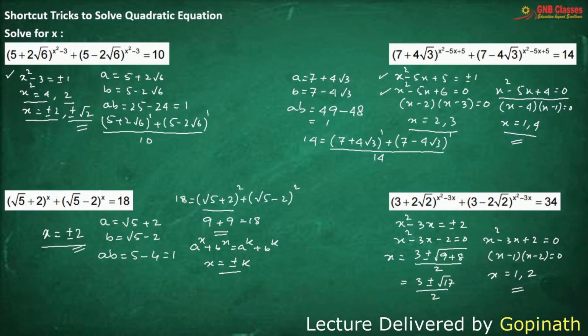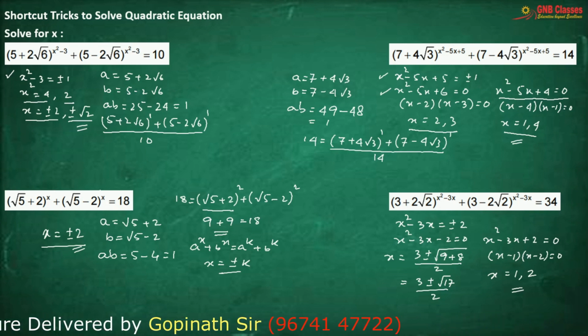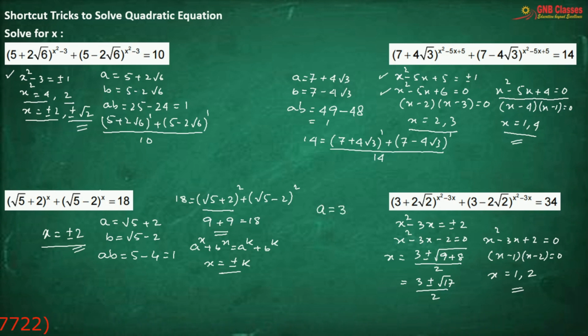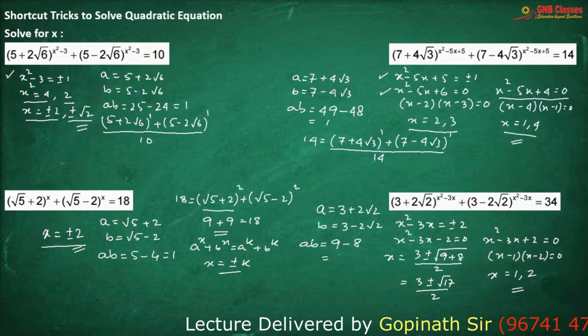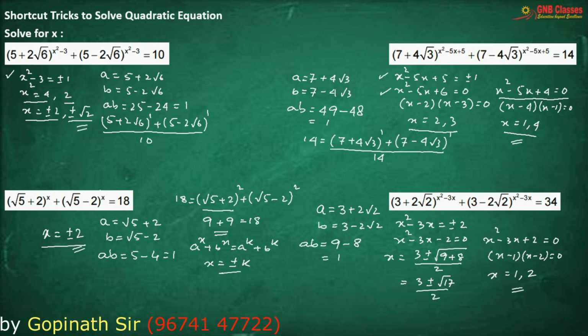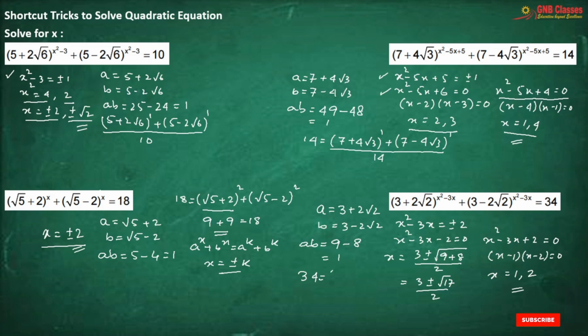Now let us move to the last sum. Here a is 3 plus 2 root 2 and b is 3 minus 2 root 2, right? So we are getting ab as 9 minus 8, which equals 1. Now the right hand side is 34, which can also be written as (3 plus 2 root 2) whole square plus (3 minus 2 root 2) whole square.